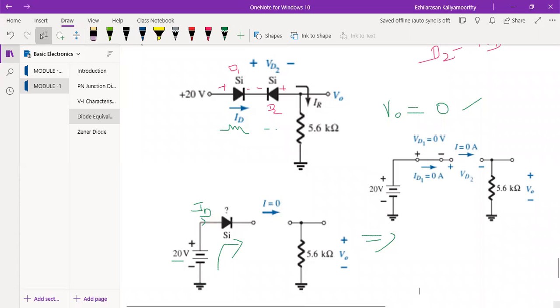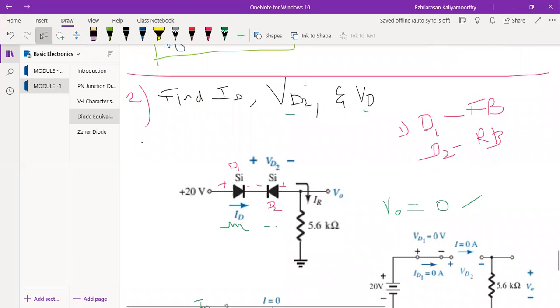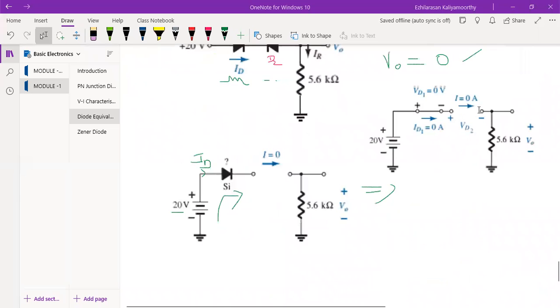So how can I write the expression now? So simple, VD2 is open circuit. When VD2 is open circuit, then what will happen? In the question they asked to calculate VD2. I hope you got it, right? See, this is open circuit.